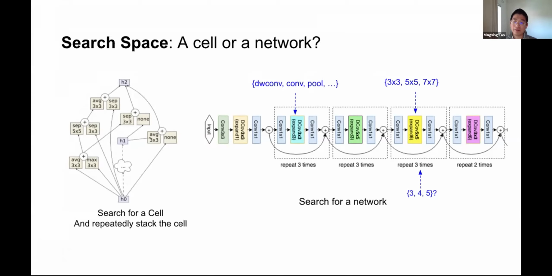This is very similar to how humans design networks, like ResNet: design a ResNet block, and you stack them many times to become ResNet 50 or ResNet 100, and so on. However, if you consider efficiency, you will find those operations' efficiency actually depends on your input-output shape. And since we have the same cell across different network stages, they tend to be inefficient.